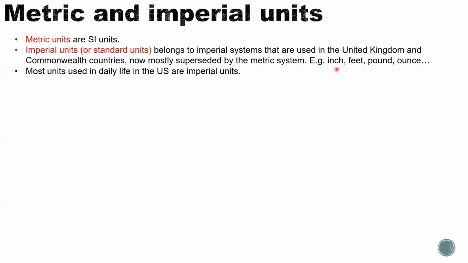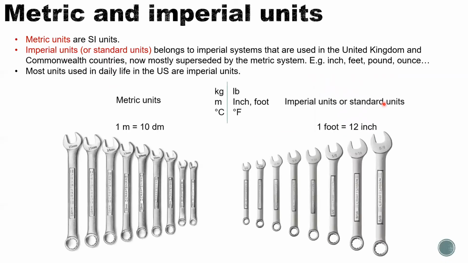If you talk about inch, feet, pound, ounce, actually most units used in daily life in the US are imperial. If you work in a mechanical shop, you will probably find 2 different sets of wrenches, one in metric units, the other in imperial or standard units. Make sure you don't mix them up because the exact values of these wrenches may not be the same.